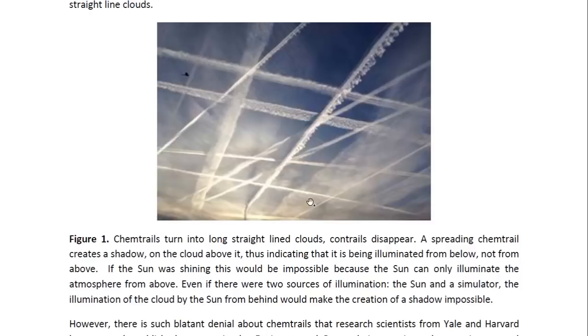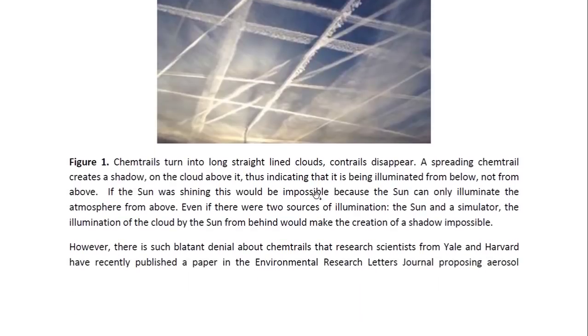But even if there were two sources of illumination, the sun and a simulator, the illumination of the cloud by the sun from behind would make the creation of a shadow impossible because there would just be too much light coming through that cloud. Obviously, the sun is not doing that.